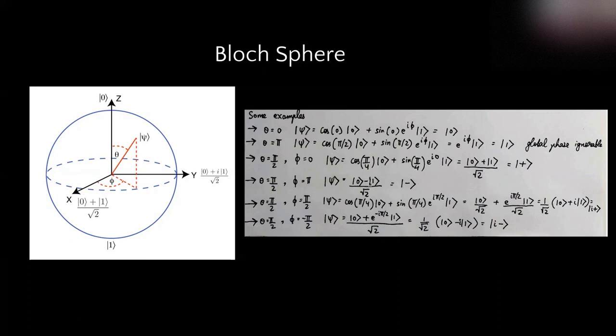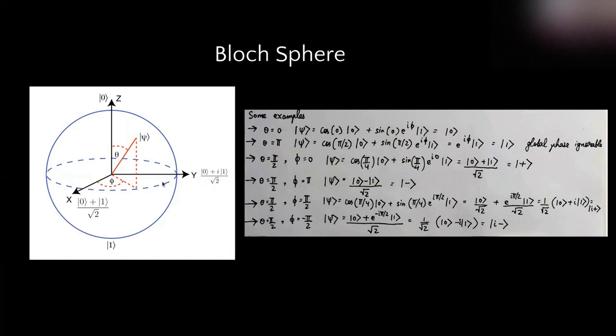It's just that the direction is negative now. And in fact, this is also a phase, but this one is not ignorable because this is relative. So it's an important state, and we've given it the name ket minus.